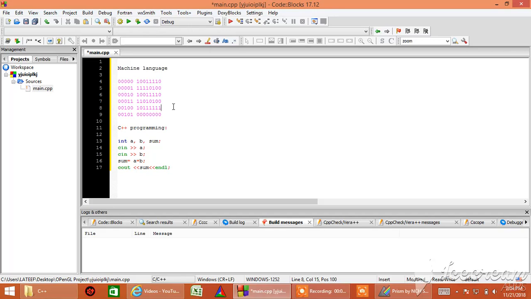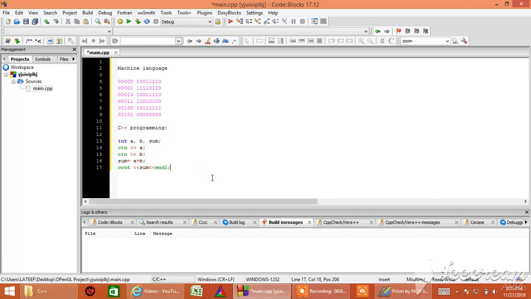This is a portion of code written in C++ that accomplishes the exact same purpose as the program written in machine language. It adds two numbers together and outputs the result.